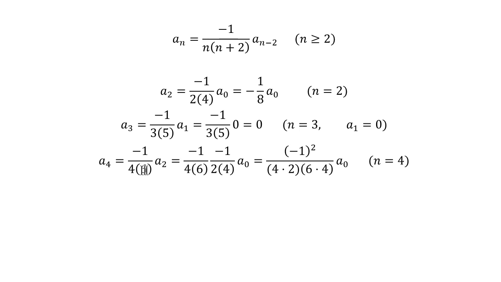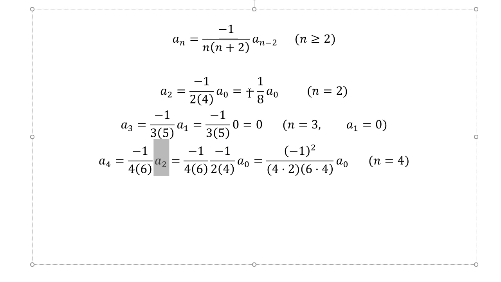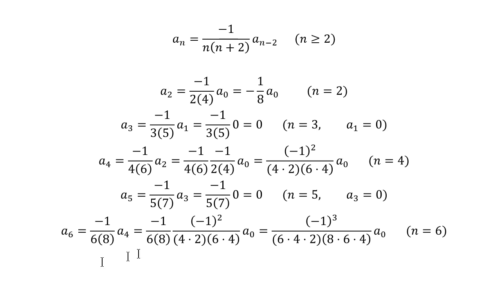a4, you can do the same thing. a4 is negative 1 over 4 times (4 plus 2), which is 4 times 6, times a2. And then because a2 is negative 1/8 here, I can replace, and that gives me this relation. And you can go further and find out that a5 is 0, and then if a5 is 0, a7 will be 0.